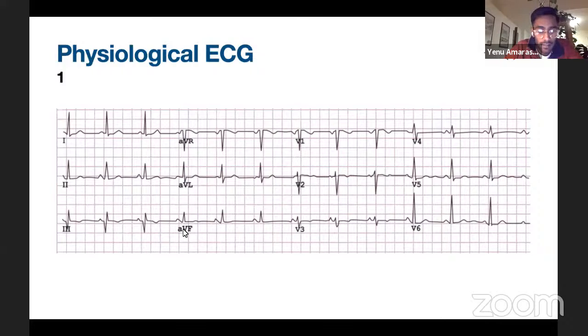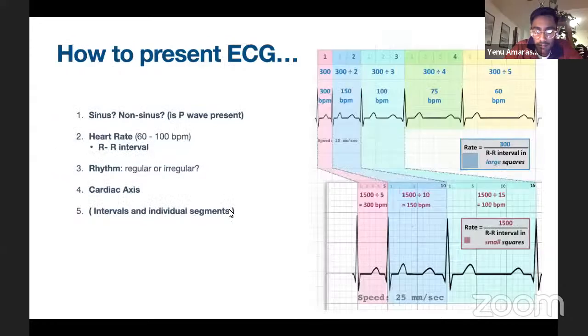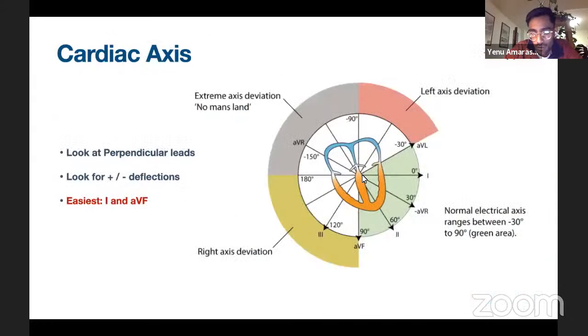And then in lead AVF, there's also a positive deflection. So positive deflection in 1 would go towards the lead, and positive deflection in AVF would go towards the lead of AVF. So that ECG's axis would be between 0 to 90. I hope you guys understand, but hopefully it'll be much clearer when you go through some of the other ECGs.